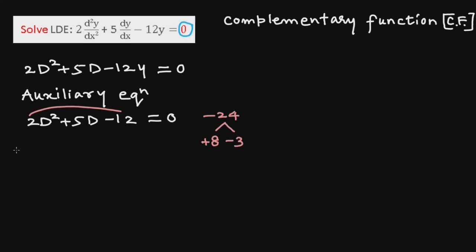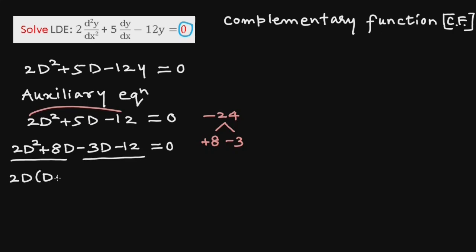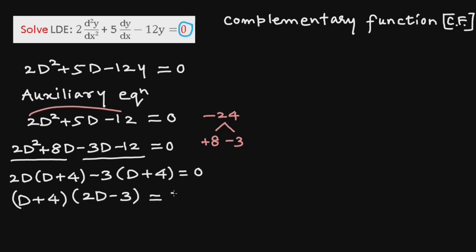So this will be 2d square, splitting plus 5d as 8d minus 3d, minus 12 equals 0. Grouping the terms, taking 2d common, d plus 4, minus 3 common, d plus 4, into 2d minus 3 equals 0.